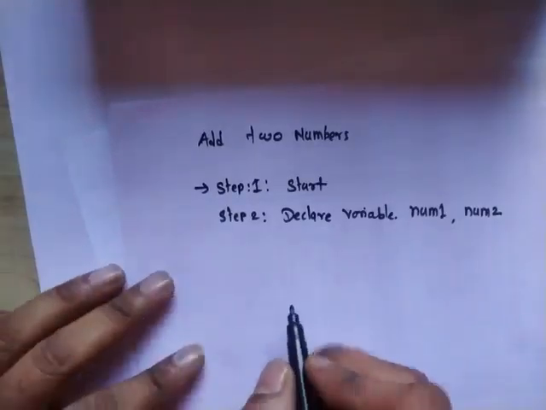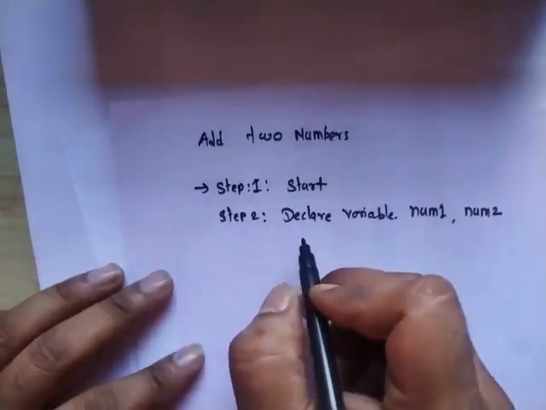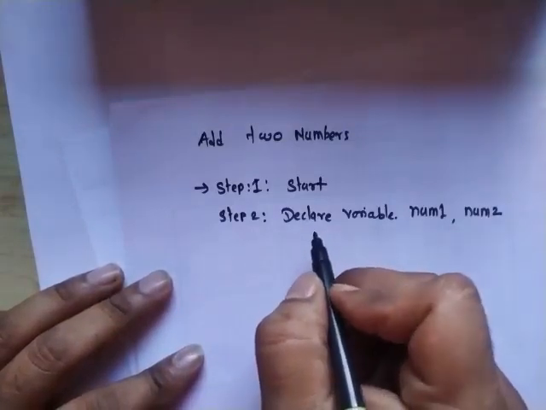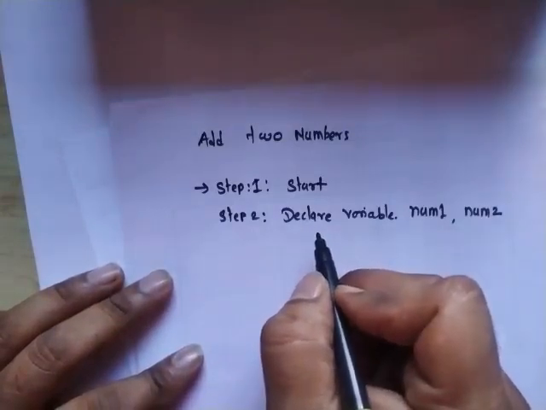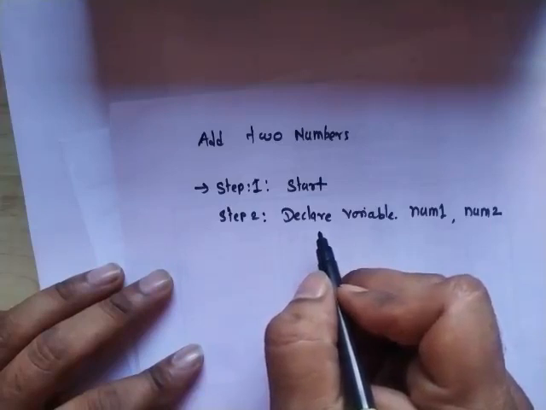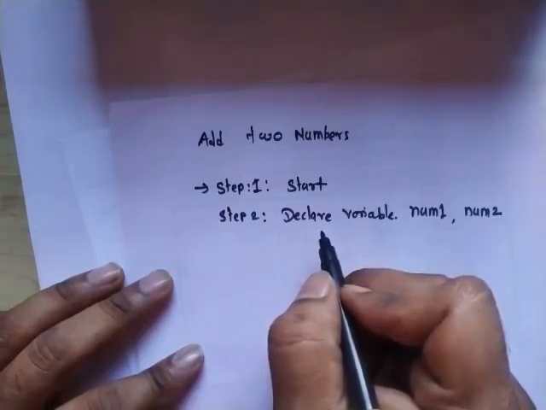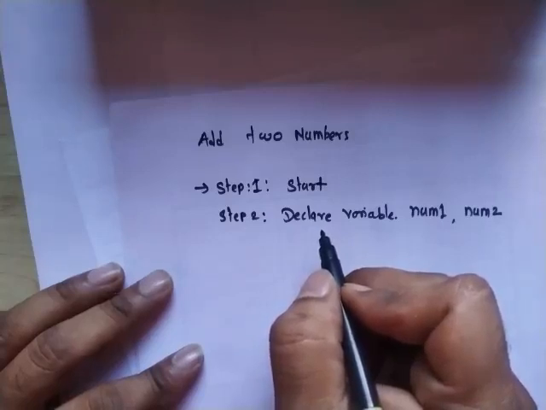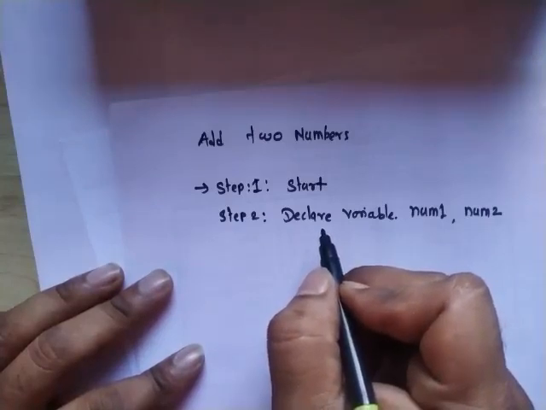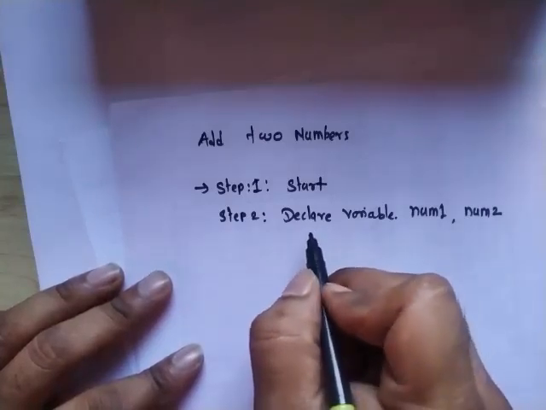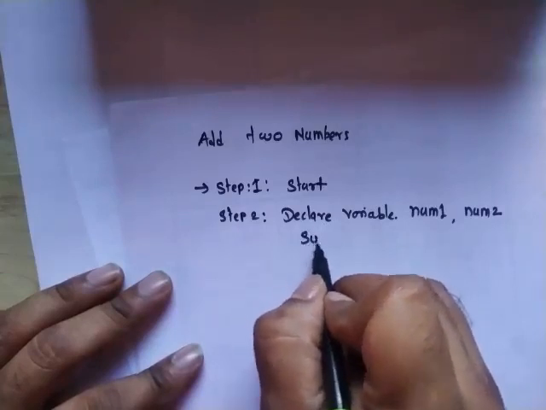Again, we need one more variable to collect the result. Whatever addition is performed on these numbers, that result must be collected in a variable. So for that purpose, we declare one more variable, sum.